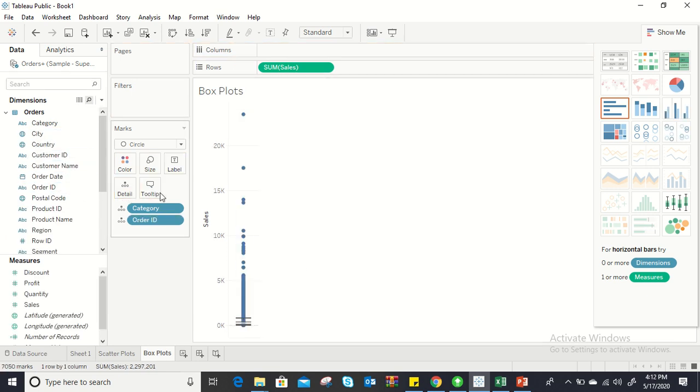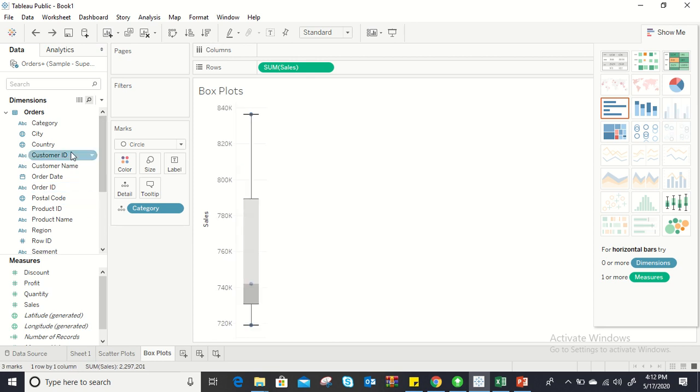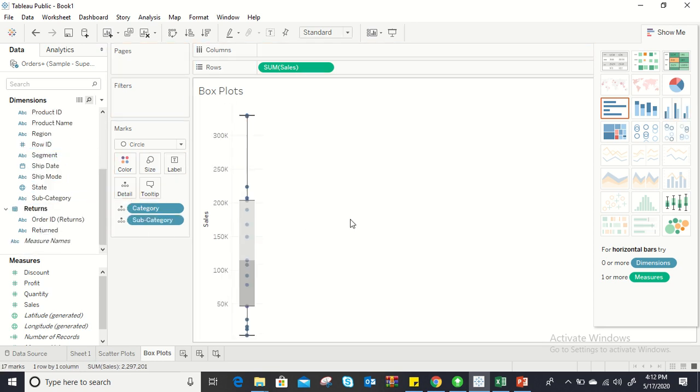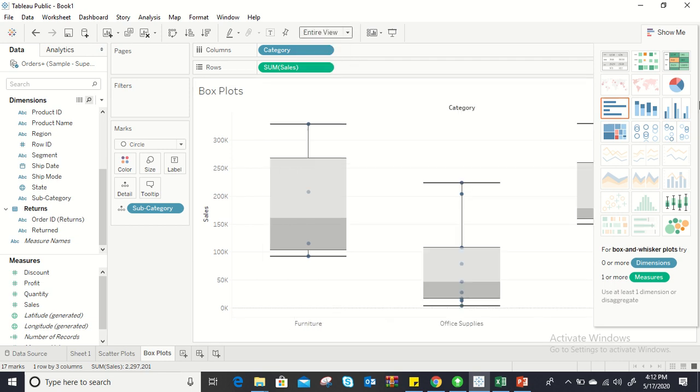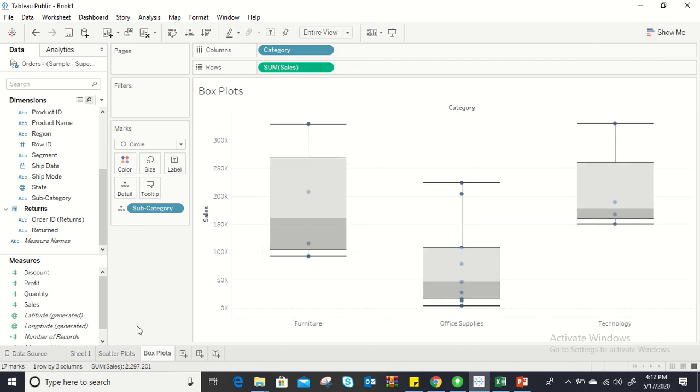Actually, I don't want the order ID, sorry. I'm going to go with subcategory in the details. Yeah, this is perfect. And I'm also going to make different columns for it. All right, perfect. Now you see three different graphs over here for each of the categories we have right now. Just give me a minute. Yeah, I think this should do. This should explain it better.